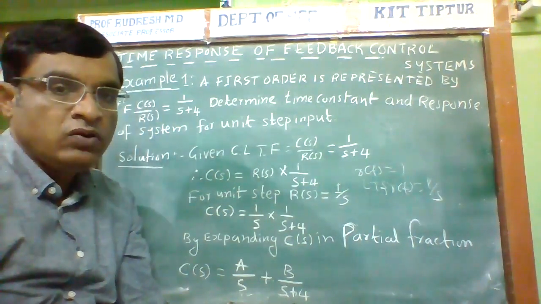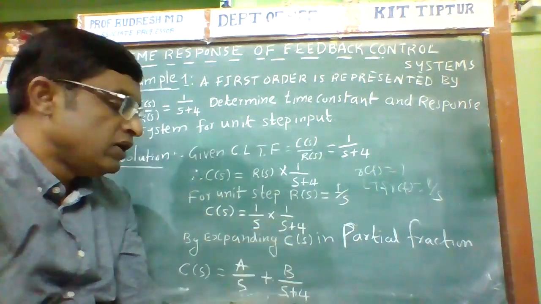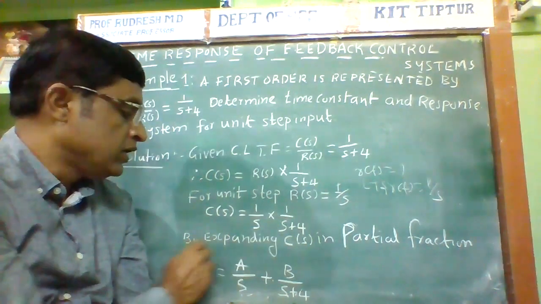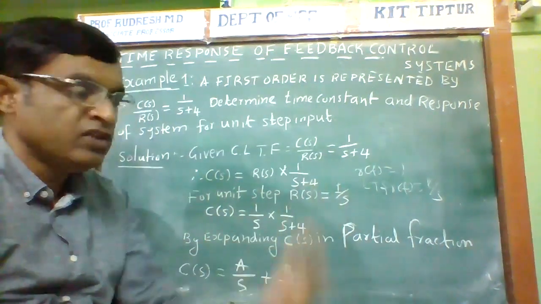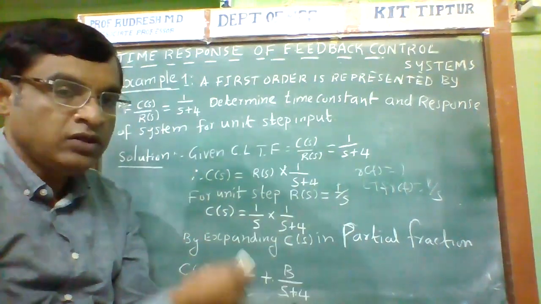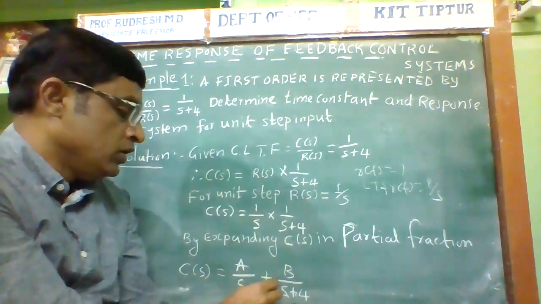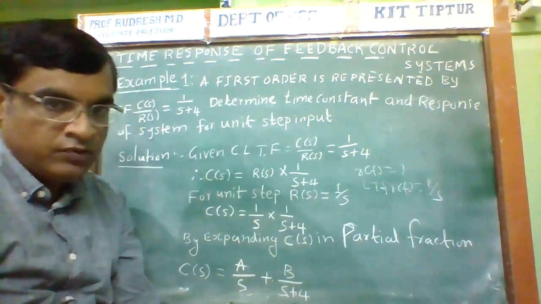So now C of s is equal to 1 by s into 1 divided by s plus 4. By expanding C of s in partial fractions, C of s is equal to A by s plus B by s plus 4.